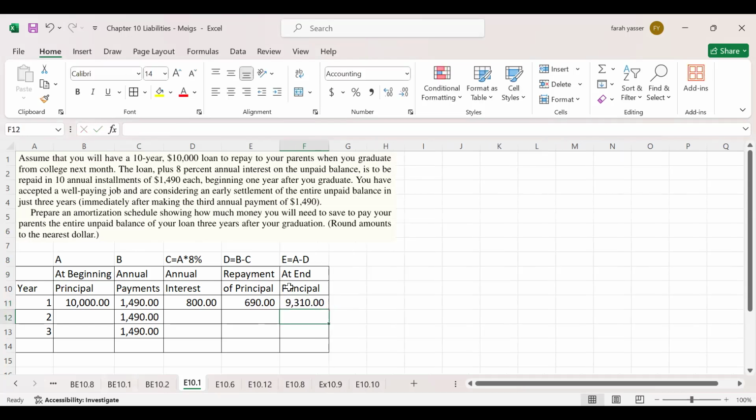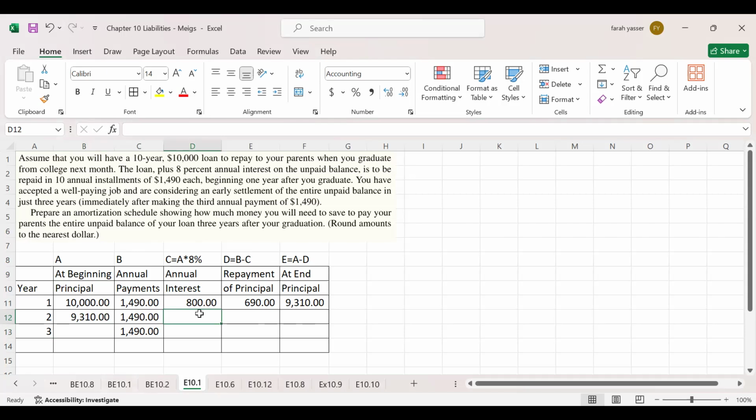So the remaining balance is 9,310. The ending balance or the remaining balance at the end of year one would be the opening balance at the start of year 2. So this 9,310 is the beginning balance at the start of year 2.